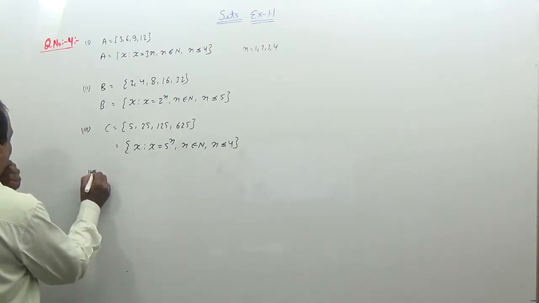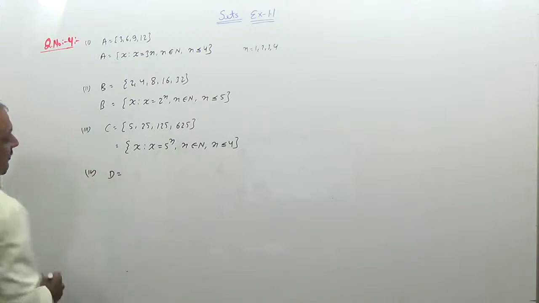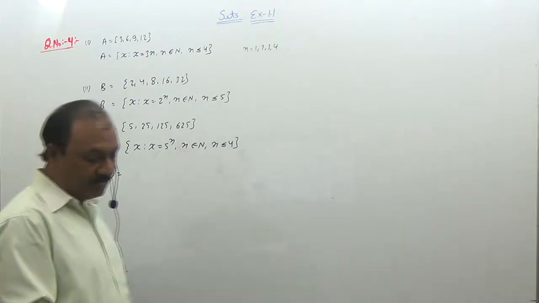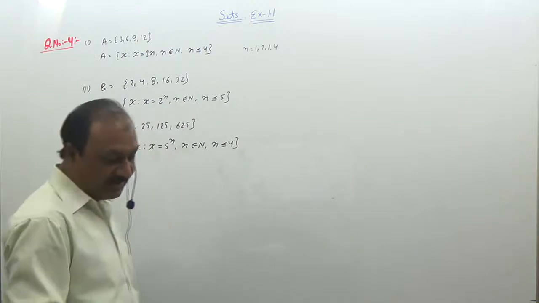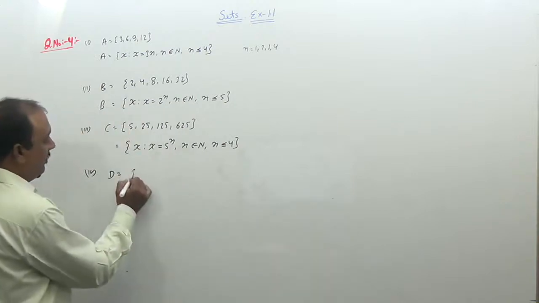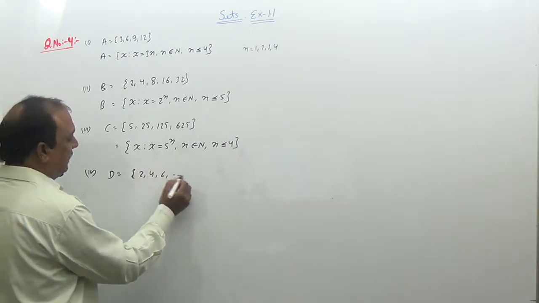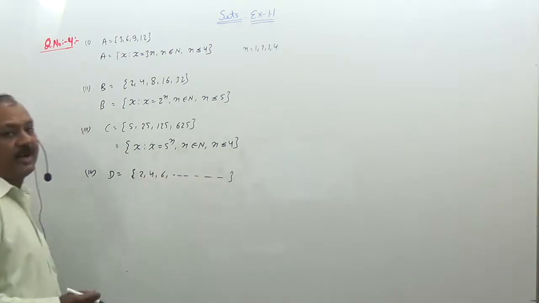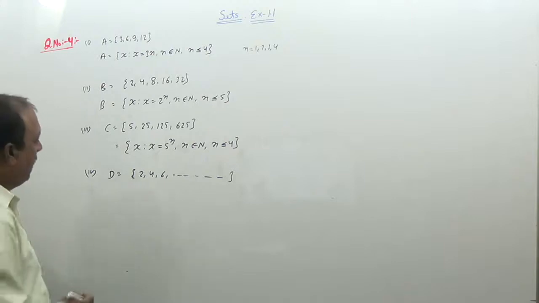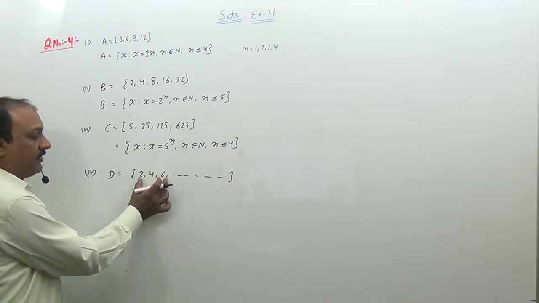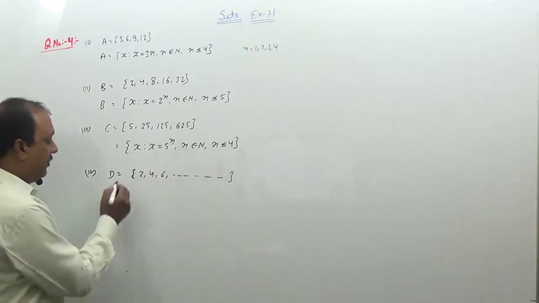Now the fourth part. Suppose the given set is denoted by D. These are some elements of this set: 2, 4, 6 and so on. So this one is an infinite set. These are the elements 2, 4, 6 and similarly 8, 10.